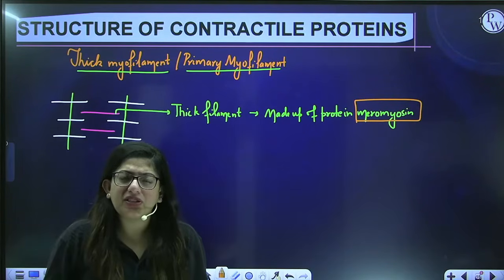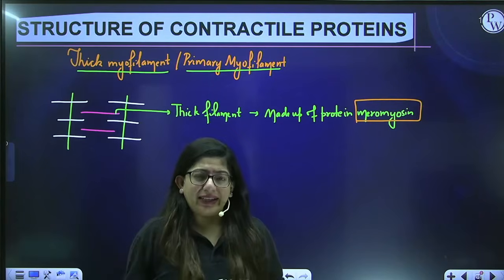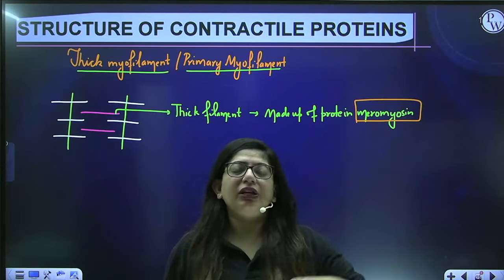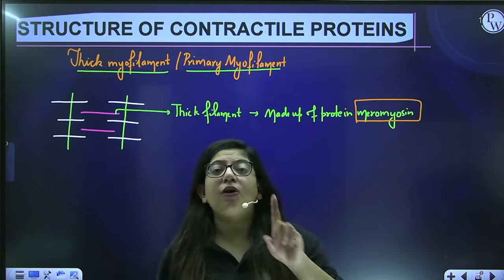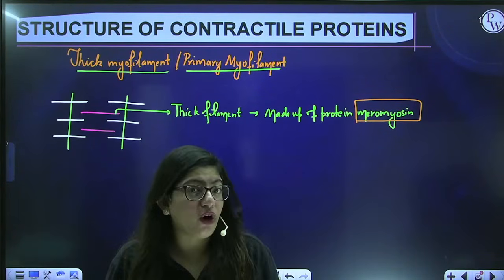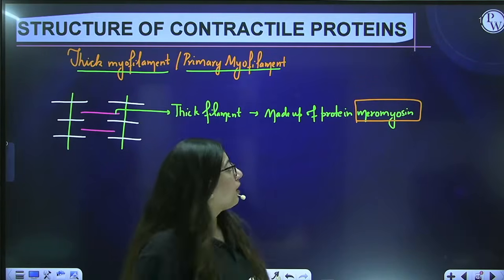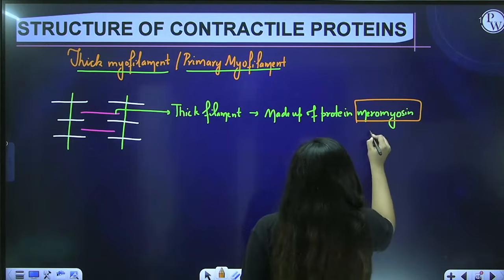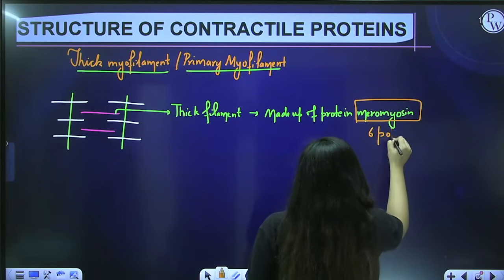What is a polypeptide chain? Your protein is made up of amino acids, and when all the amino acids join together, they form a peptide chain. So here meromyosin is made up of 6 polypeptide chains.